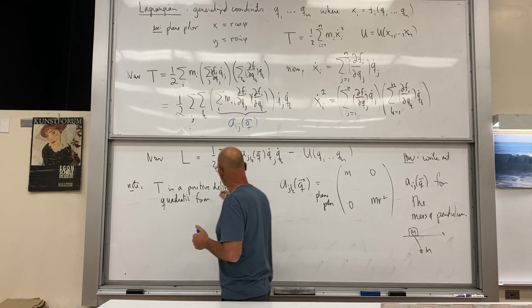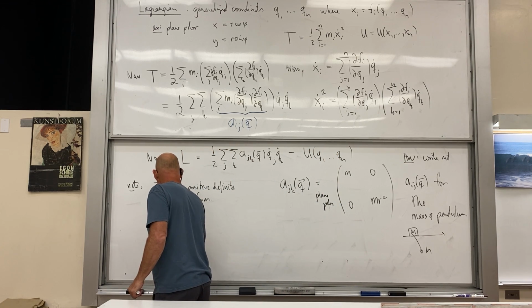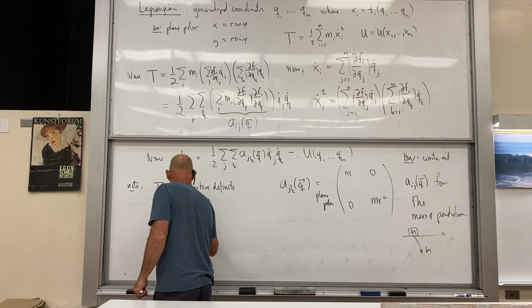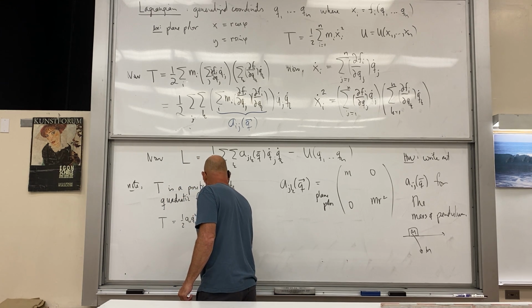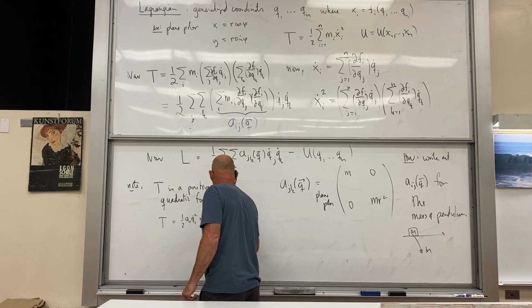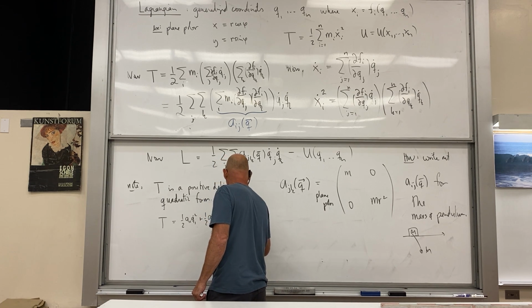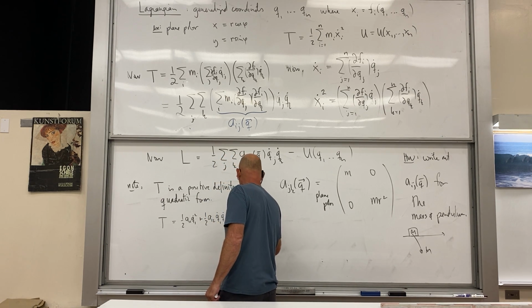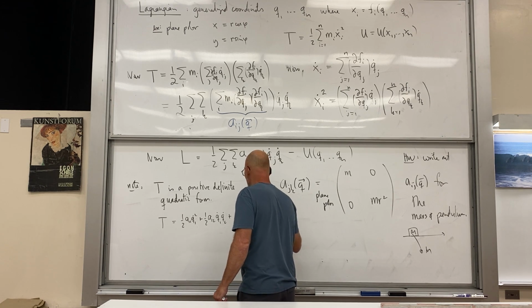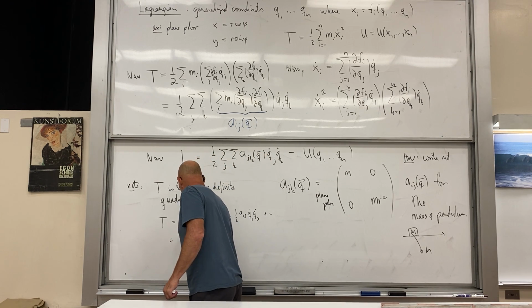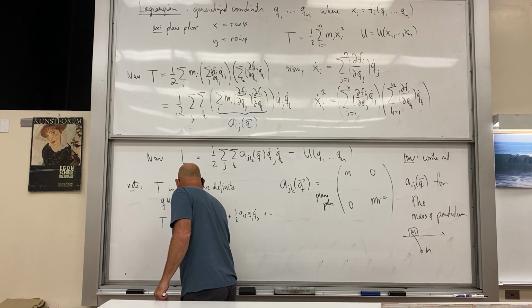If you're not used to these kind of things, you could have T equal to 1/2 a11 q1 dot squared plus 1/2 a12 q1 dot q2 dot, a13 q3 dot, and so on, and then you'd add 1/2 a21 q2 dot q1 dot, right?